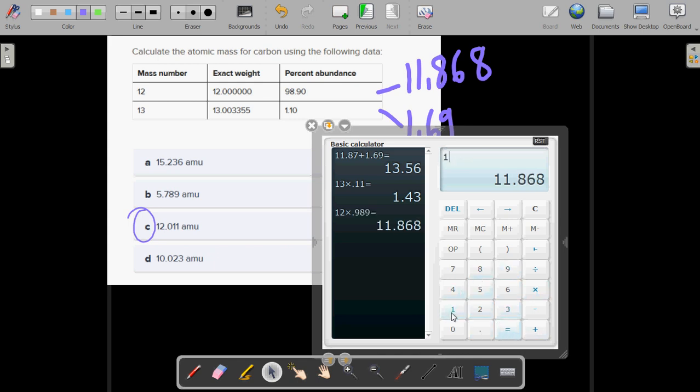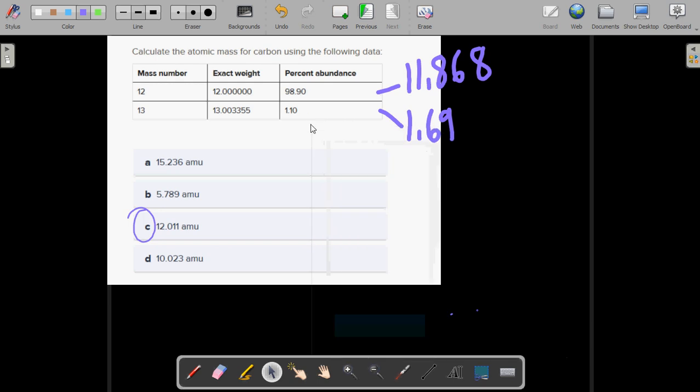So then we say 11.87 plus 1.43. That still gives me 13.3, which is not even an answer choice. It's got to be the 12. There must be an error in the percent abundances, but still, that's how you should work it out.